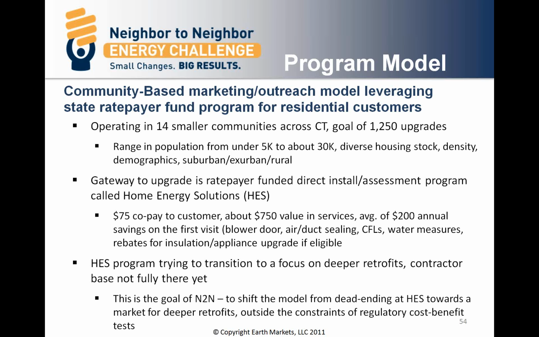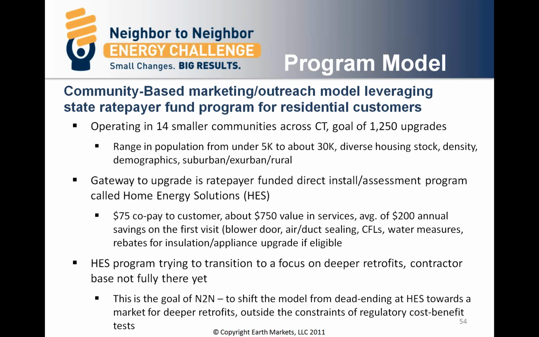So we don't have direct control over the assessment process and the upgrade process. We are also operating in 14 smaller communities of about 5,000 to 30,000 in population. It's a diverse housing stock. The communities are all over the state, and they vary in density and demographics, all the way from exurban and rural to suburban, and suburban density varies as well. Very affluent to less affluent. So it's a really interesting mix.